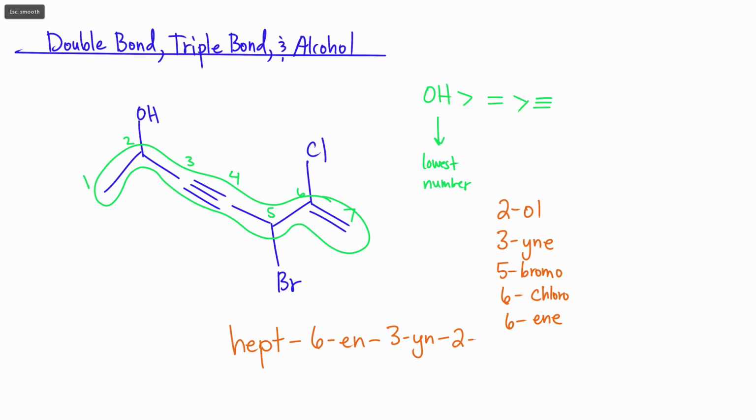And what's following that is the 2-OL. All right. So we have 5-bromo-6-chloro-hept-6-ene-3-yne-2-ol. All right.